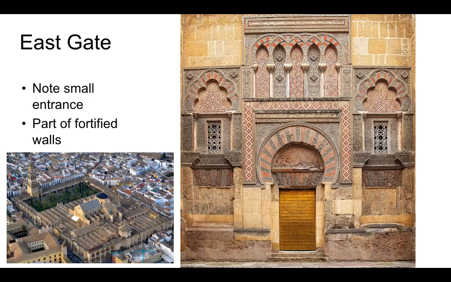So there were very small entrances, different gates that you could enter. All of these gates were pretty elaborate, except for the ones close to the Qibla wall. Excuse me, that's not true. They're decorated too. I apologize. I was thinking of something else.